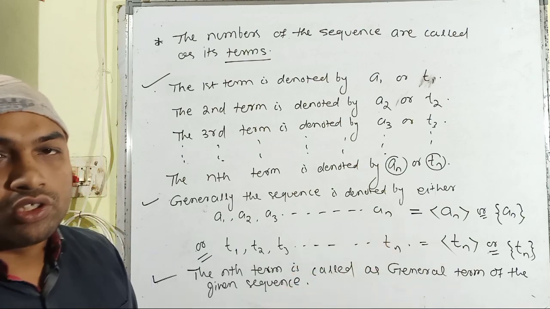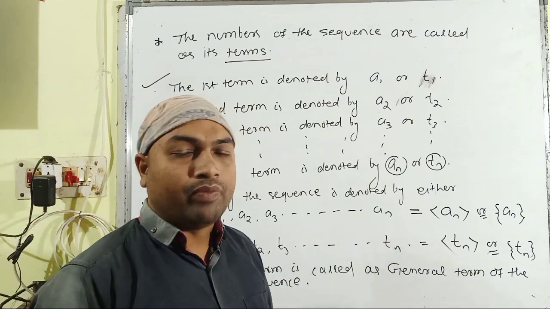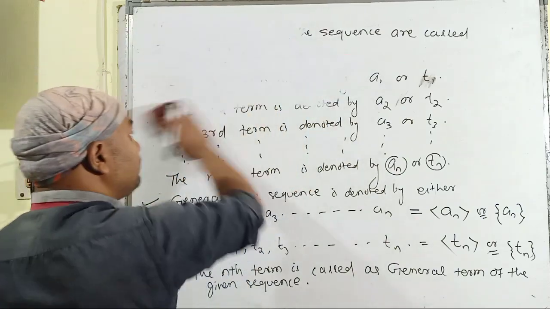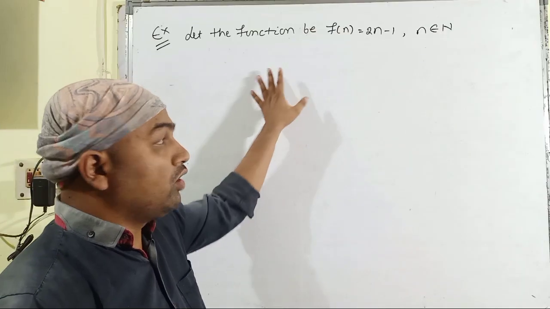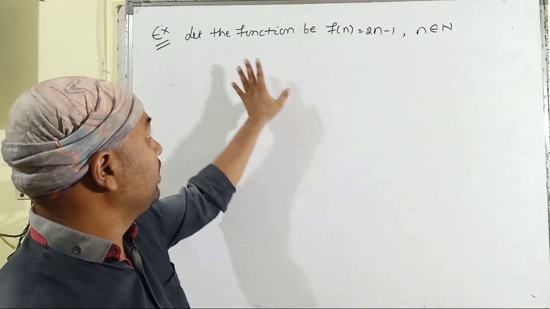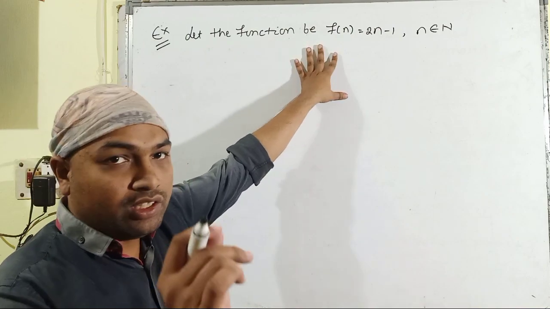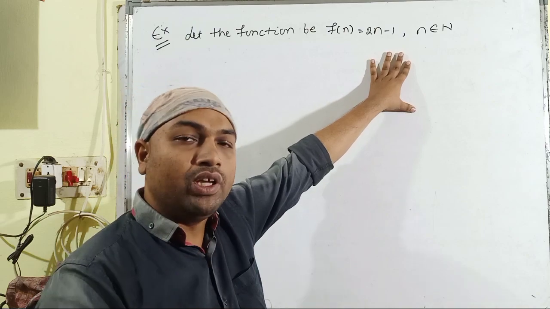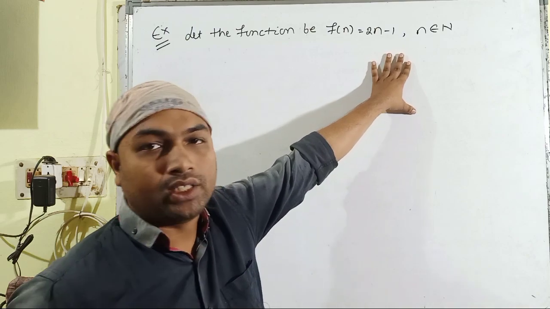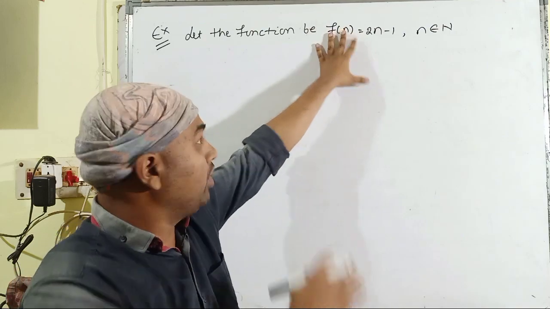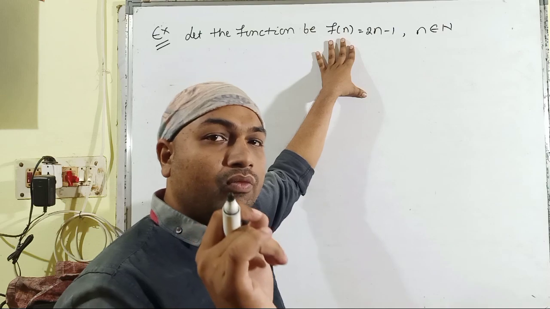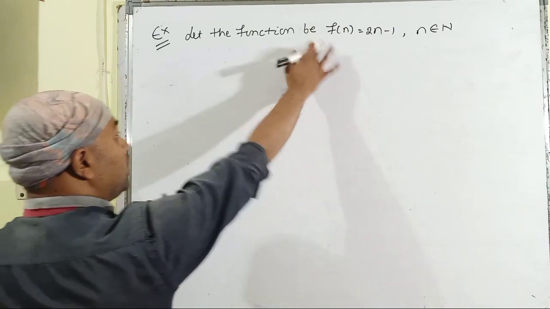Then let us move towards some examples based upon the definition of a sequence. Here a function is given and it is also given that the domain is the set of natural numbers, because if the domain is the set of natural numbers, then we can call it a sequence. From the given function, we have to find the sequence associated with it.